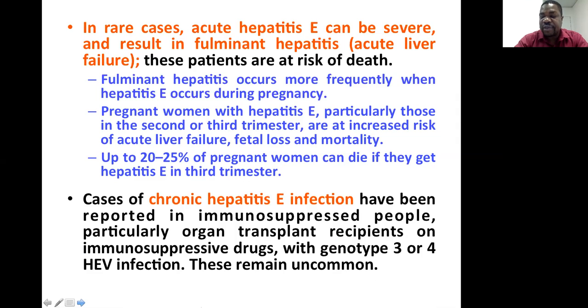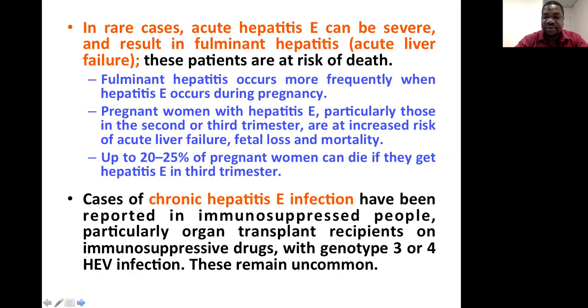Cases of chronic hepatitis E infection have been reported in immunosuppressed people, particularly organ transplant recipients, people on immunosuppressive drugs, and also those who are infected with genotype 3 or 4 hepatitis E infections.